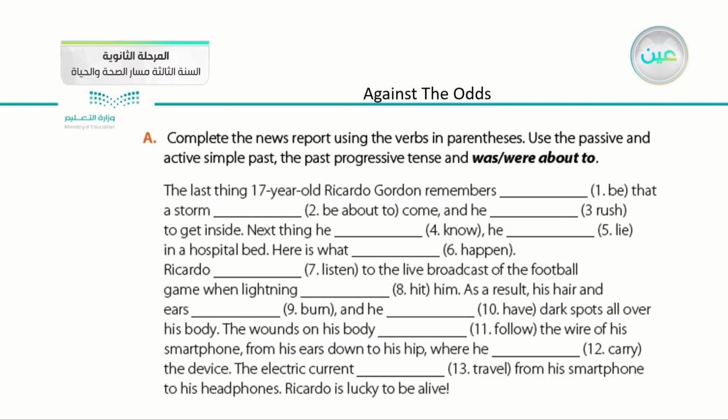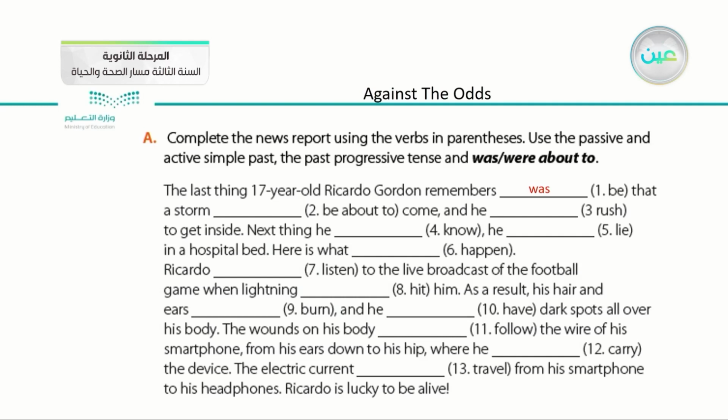The last thing 17-year-old Ricardo Gordon remembers, and we have between the parentheses the word be. We have just learned that the word be refers to was and were.